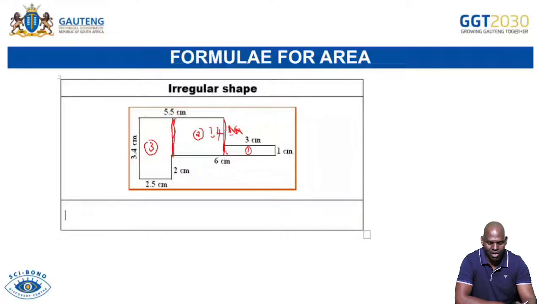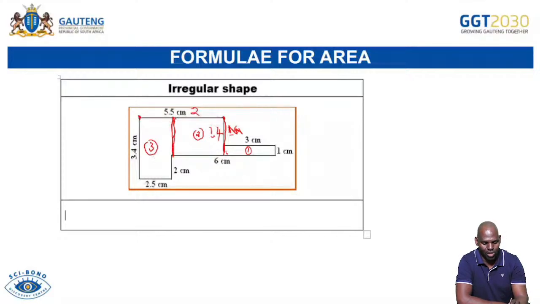Okay, then now we have to determine the length of this side. So if I look at this, 5.5 is the whole of this. So I can say from this point to that point is 5.5. But from this point to this point is 2.5. So it means the remaining will be 2. So this will be 2. So then for the area, I'll say 2 multiplied by 1.4.